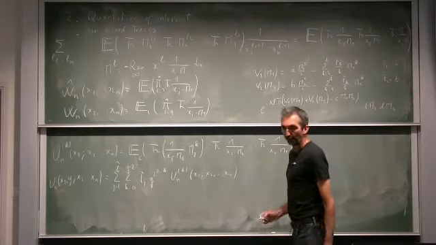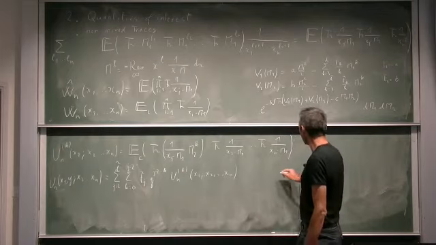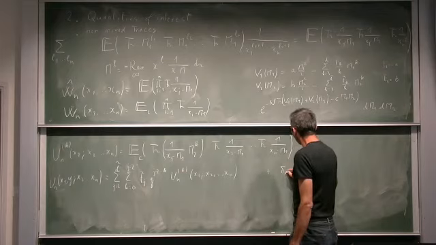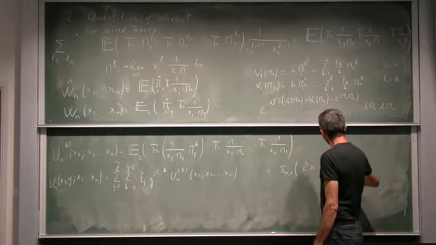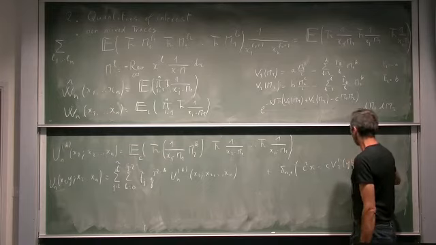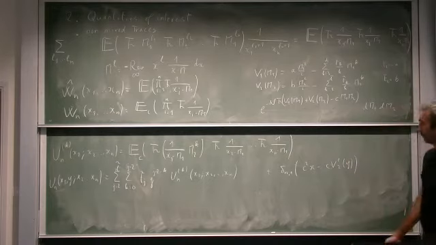And in fact, let me add to that plus, in case n equals 1, c square x minus c v prime 2 of y. This will be convenient. So that's the definition of this.